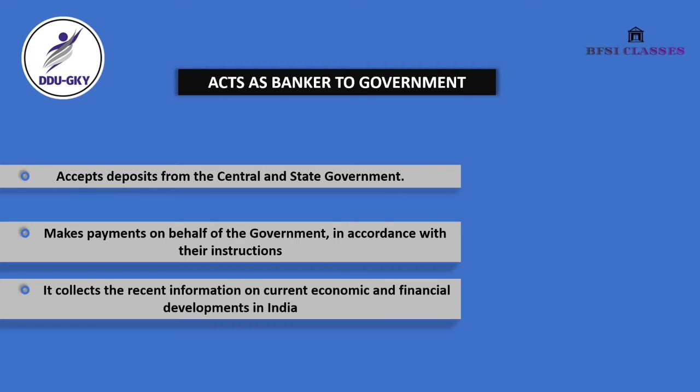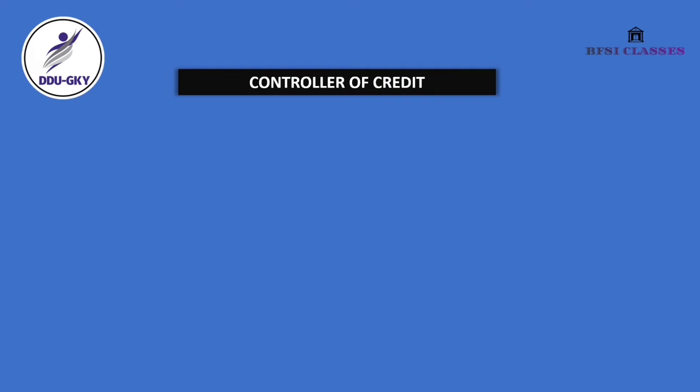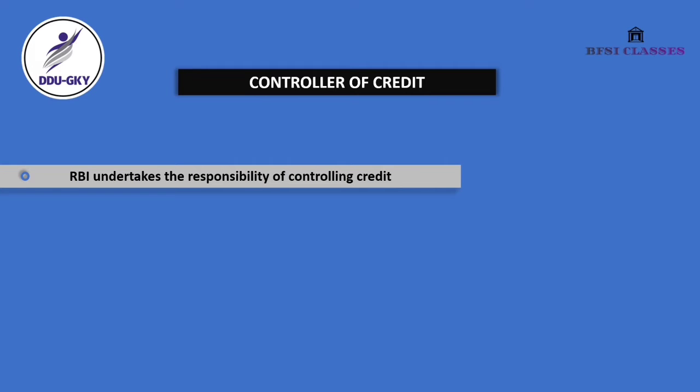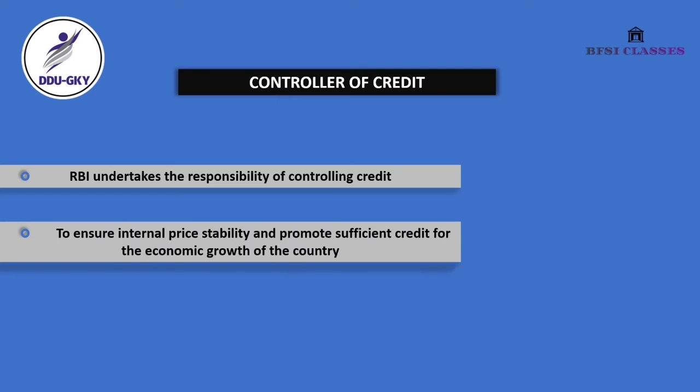Fourth function, Controller of Credit. One of the vital functions of RBI is that it acts as a controller of credit. RBI undertakes the responsibility of controlling credit to ensure internal price stability and promote sufficient credit for the economic growth of the country.